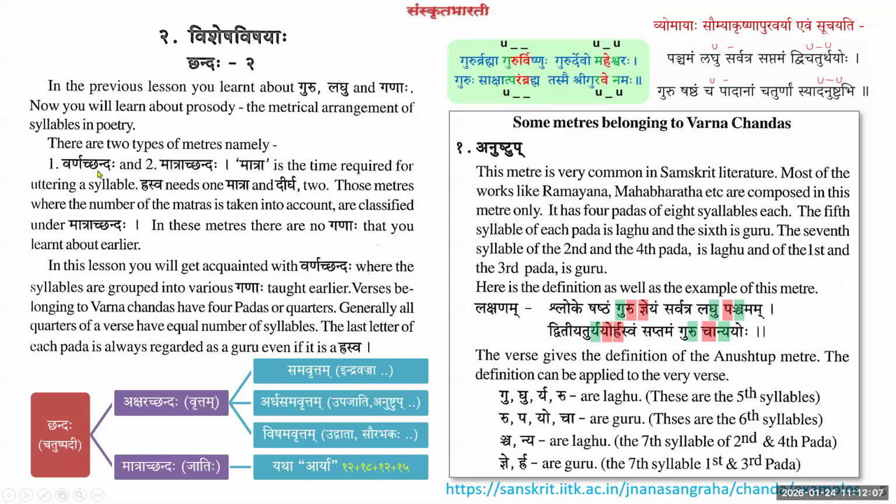If you take Varnaha, then it becomes Pullinga: Guruho, Laguho, like that. Since there is no mention of which, we have to assume Guru Aksharam mentally. The verse gives the definition of the Anushtup meter, technically the Shloka meter. This definition can be applied to every verse. So they have gone and analyzed.